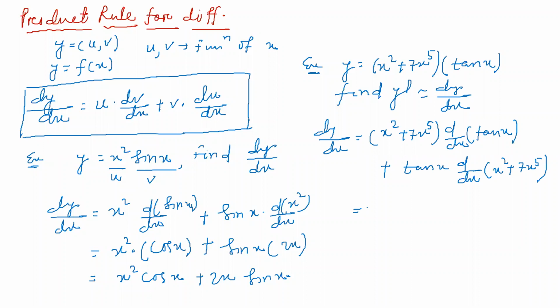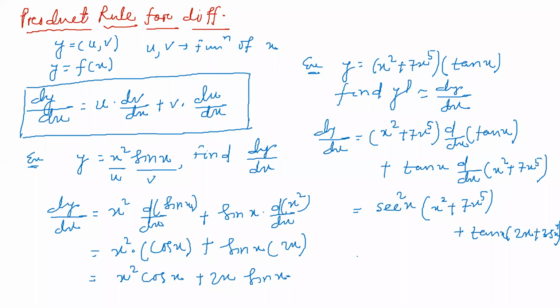So by this we could write, tan x का derivative कितना है? What is the derivative of tan x, students? Sec square x, yes or no? So I could write sec square x into x square plus 7x to the power 5, plus tan x is fixed, and the derivative of x square is 2x, plus 7x to the 5 is 35 x to the power 4.